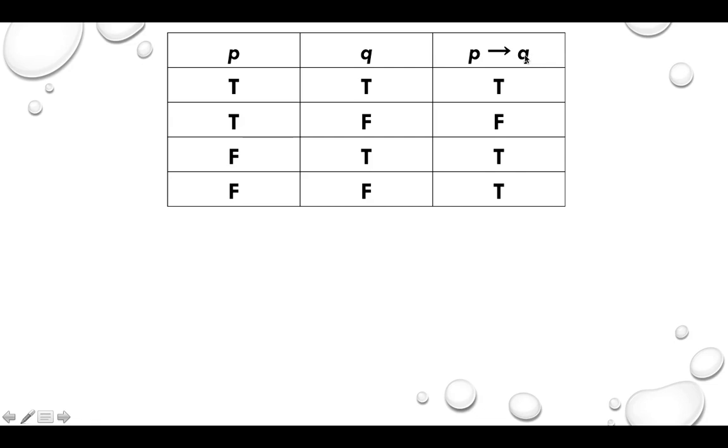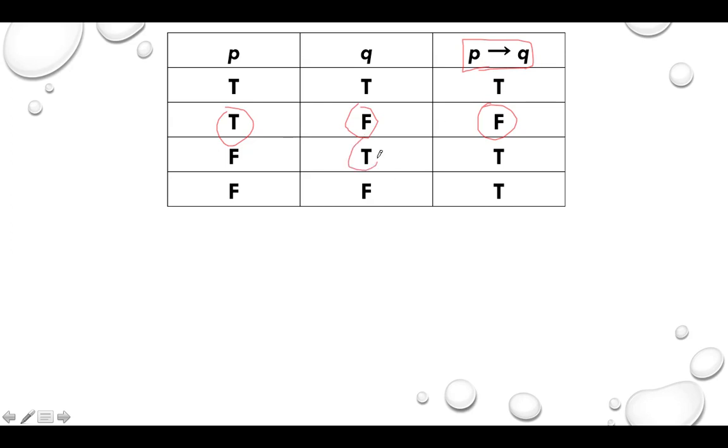And as you can see, for this implies, for as long as the hypothesis is true and the conclusion is false, that is the only time na magiging false ang iyong conditional statement. But the rest are true.